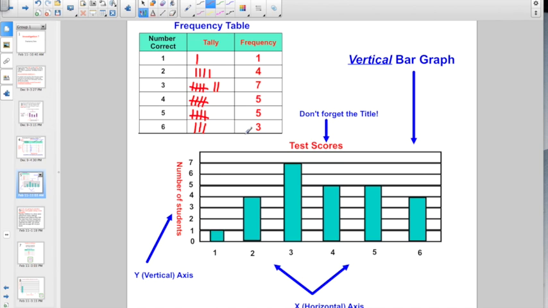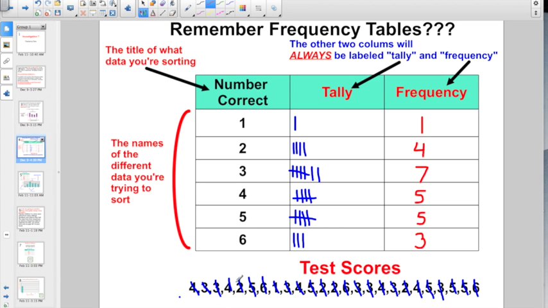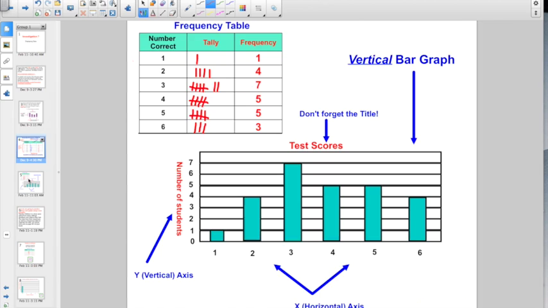So you can take this rough set of numbers and know that the most frequent number correct on the test was a 3, right? The least frequent was a 1. It's a whole lot easier looking at the data when it's displayed out for you in a bar graph than trying to make sense of a raw list of numbers like that, right?